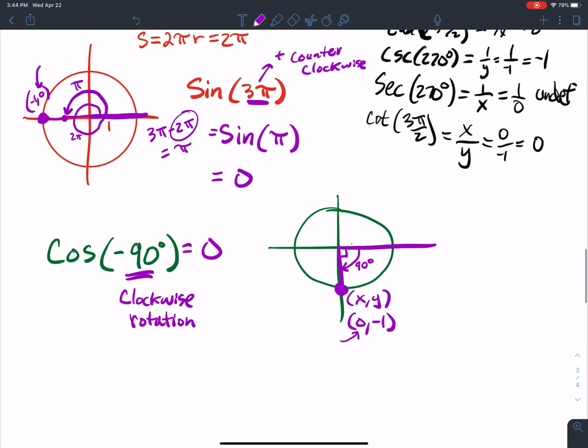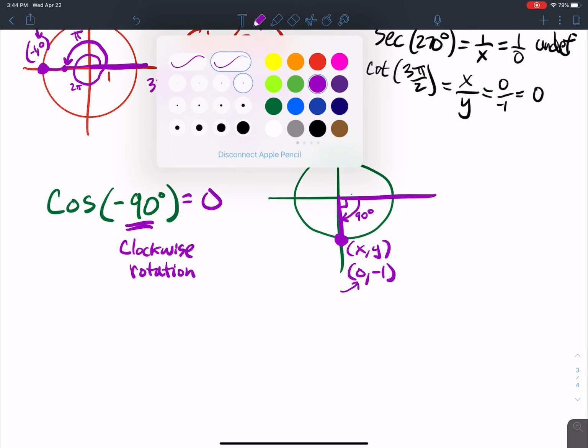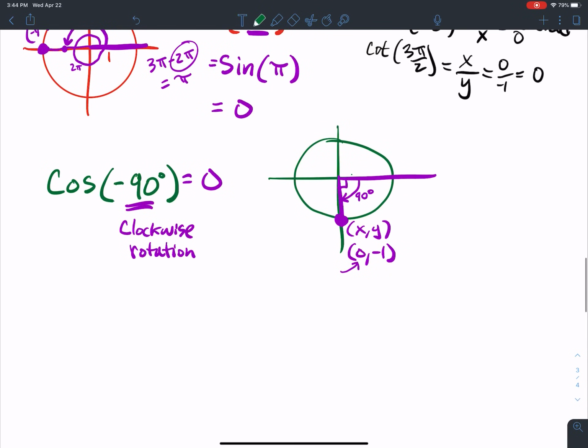Okay, so just to drive this home, to make sure we understand what's going on here, say I had, I don't know, 13 pi over 6.